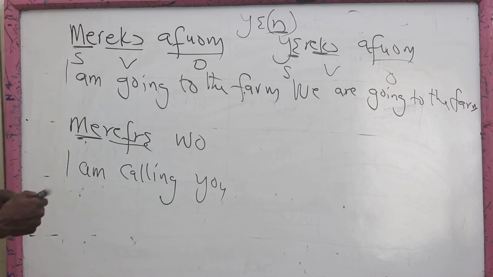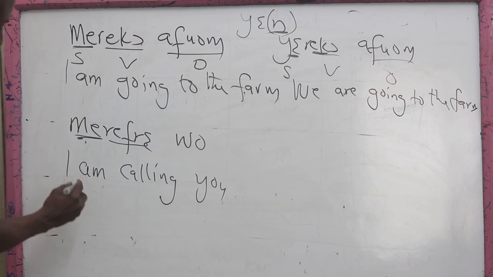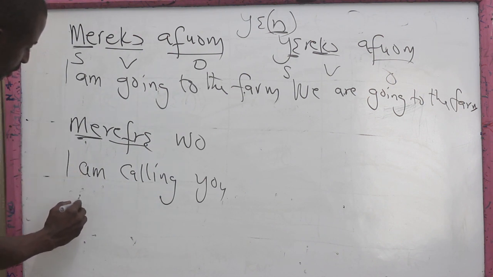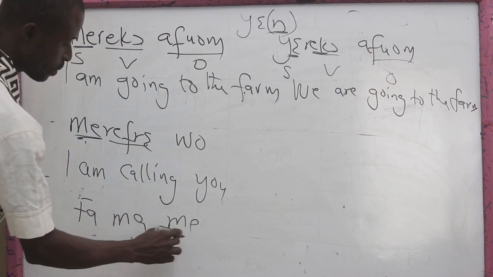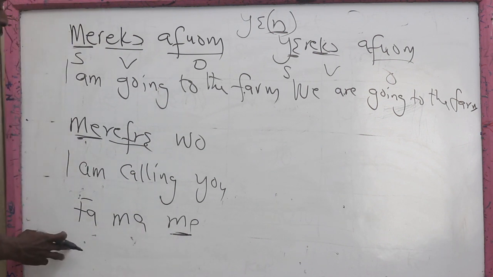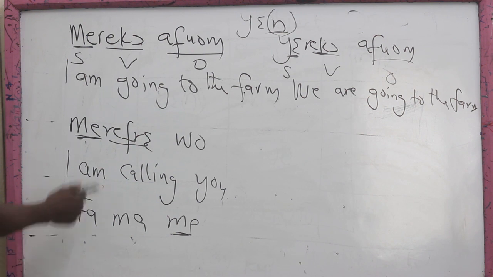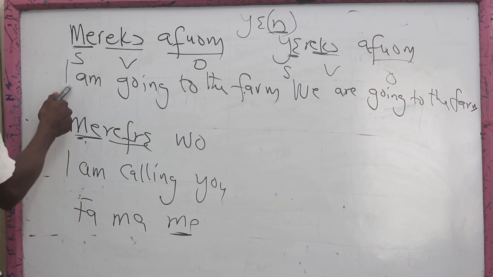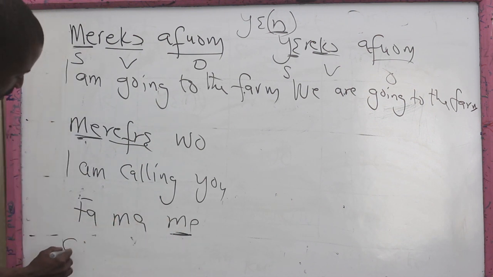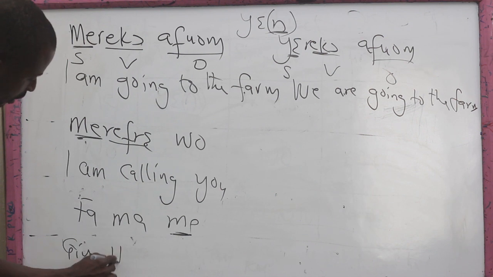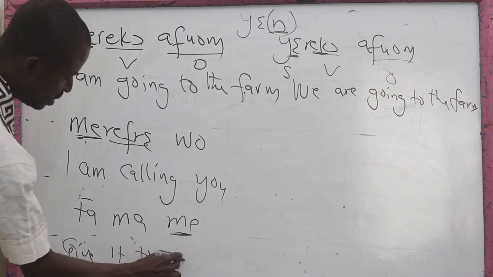I guess you understand. And let's move on to the object. With the object case, fa mame. Give it to me. This is I, but this me is me.